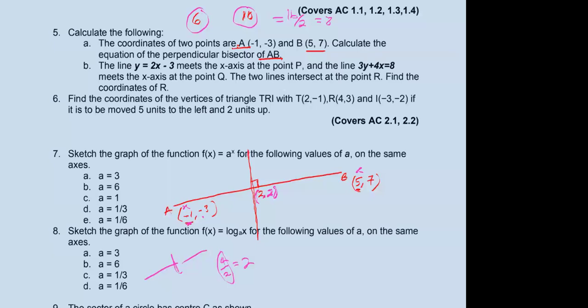So now the next thing you do is find the equation of this line. I taught them before this. When you want to find the equation, you have to find something called the gradient.